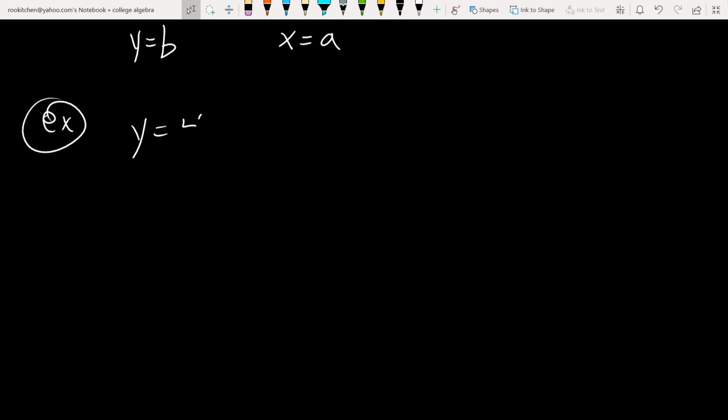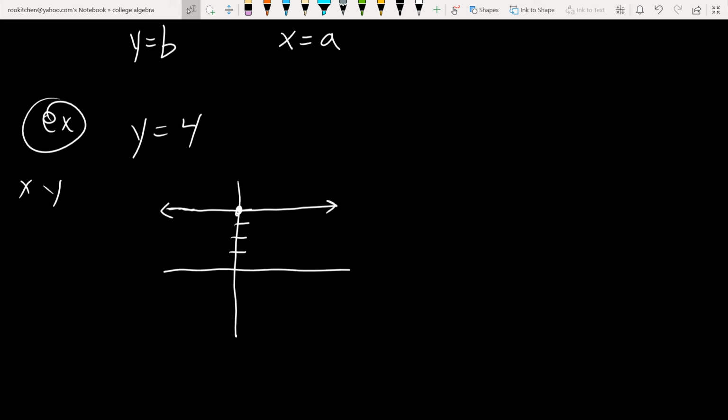y equals 4. So you could go literally to the graph, y equals 1, 2, 3, 4, and maybe you have it memorized that if it's in that form, it's a horizontal line. If you don't memorize it, the other thing you can do is kind of a T-table type deal, where y is always 4. So you could use any values for x.